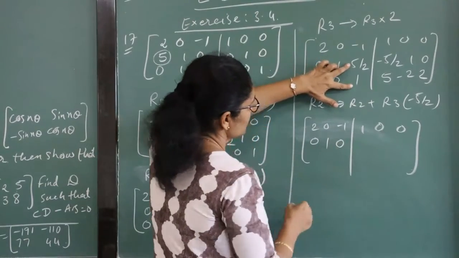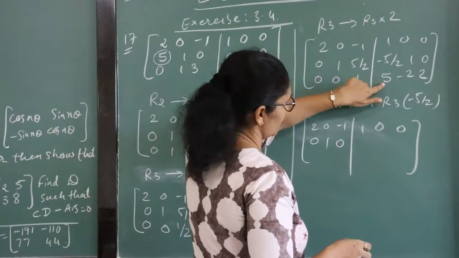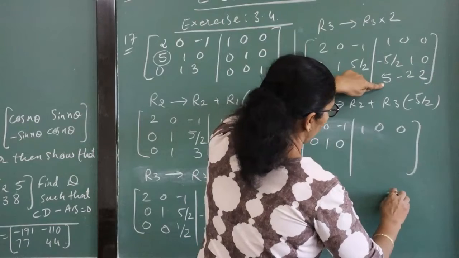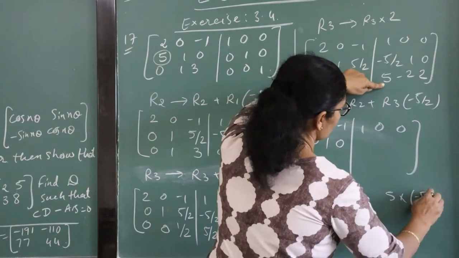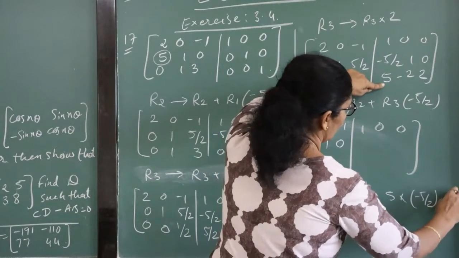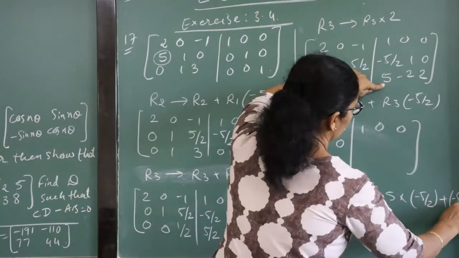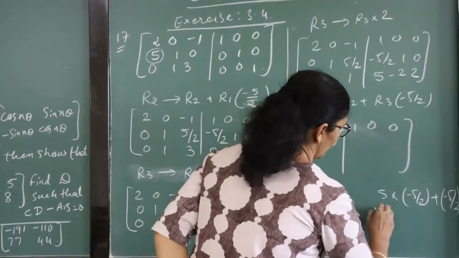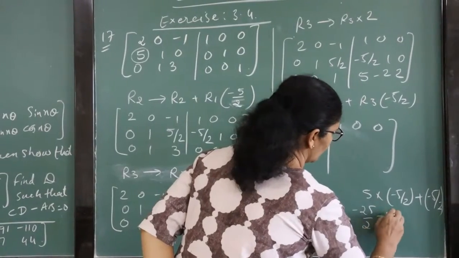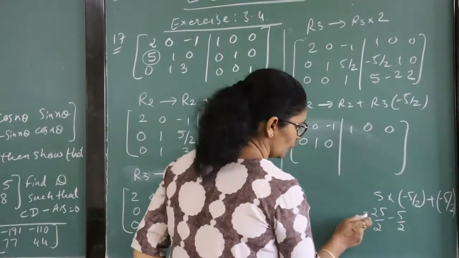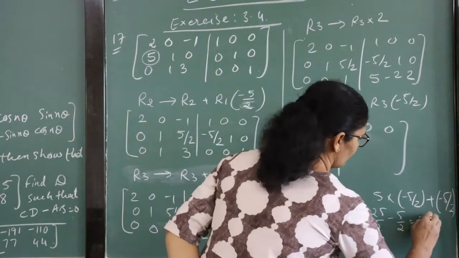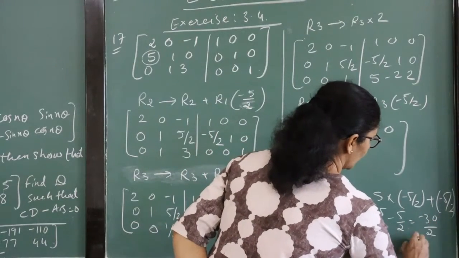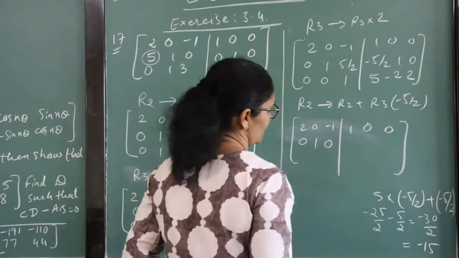This became 0. Now the important step. We have to multiply 5 with minus 5 by 2 and add again in 5 by 2. What will you get? Check it. Minus 25 by 2 minus 5 by 2. 25 and 5 will be minus 30 by 2. So what do you get? Minus 15.